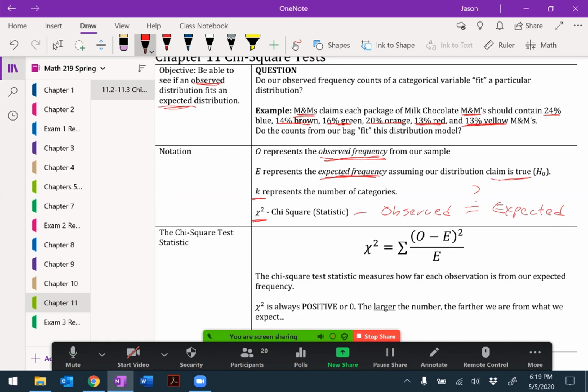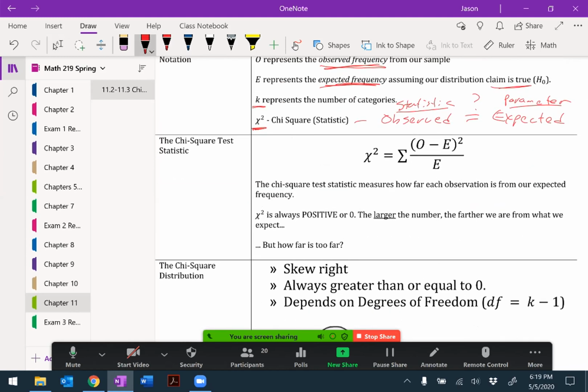We want to see how that distribution of 6 lines up to the distribution of the observed. So the observed would be our statistic, and the expected would be our parameter. We're just going to use those to get our chi-square, which is our statistic. It's going to be the difference between what we think we should have and what we actually do have.